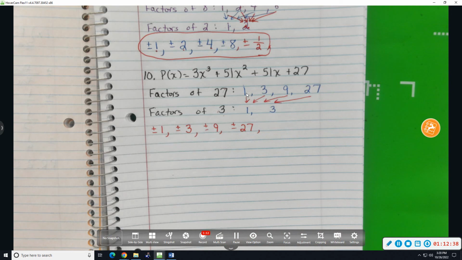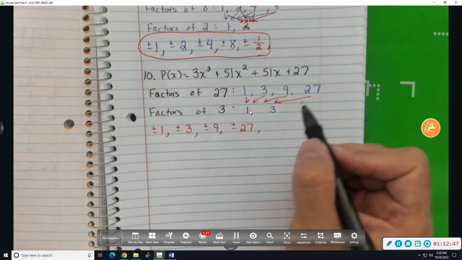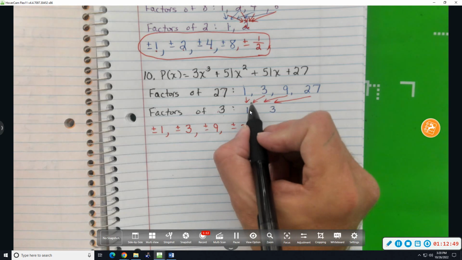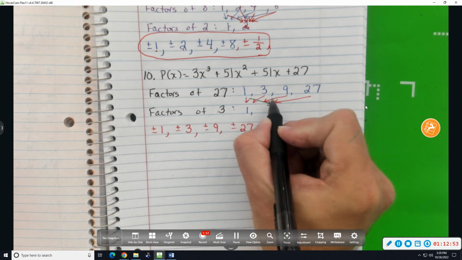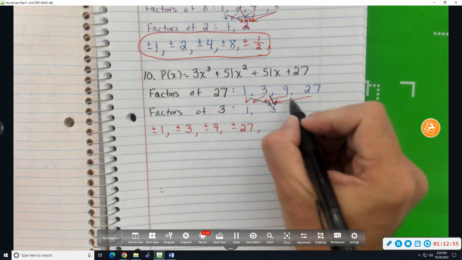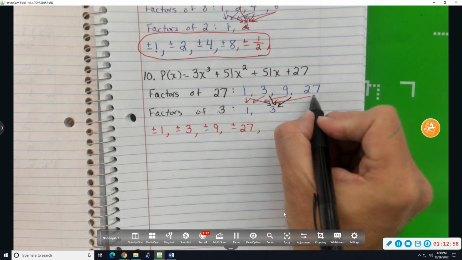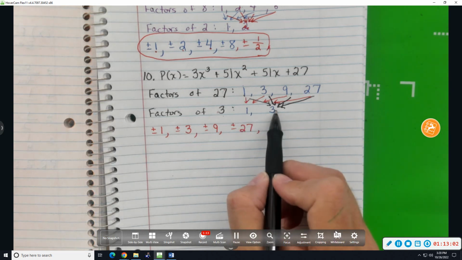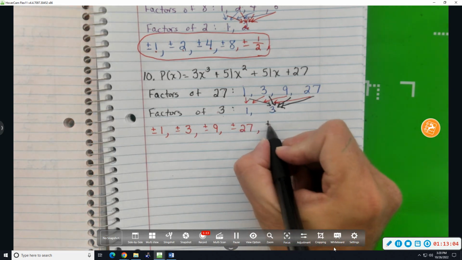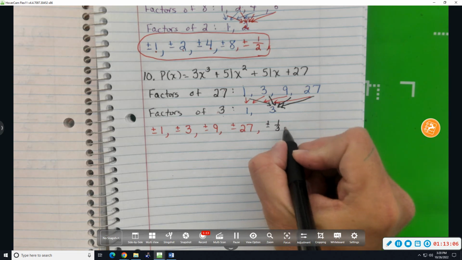Notice how the factors of the constant are always possible rational zeros because you're always going to have a 1 down here as a factor of the leading coefficient. So the numbers on that first row are always going to be possible rational zeros. Now take all of these and put them over 3. So 1 over 3, that's 1/3. We don't already have that listed.